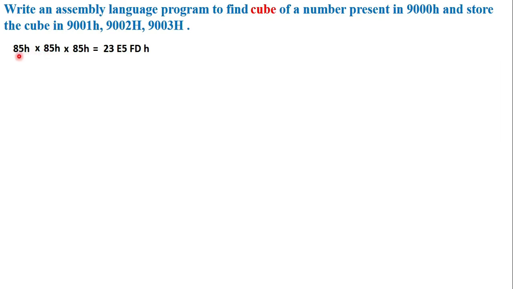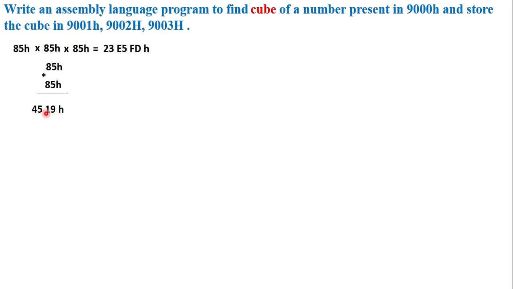Normally we start multiplying two numbers at a time because we cannot multiply all these together. So we first take the first operand 85, multiply that with the other number 85, and we get a result. When we check 85 into 85 hexadecimal in the calculator, we will obtain 4519 hexadecimal, and this is a 16-bit result.